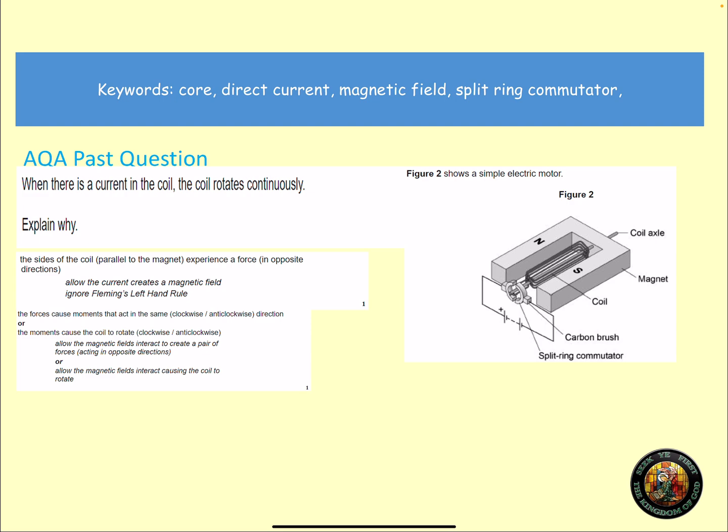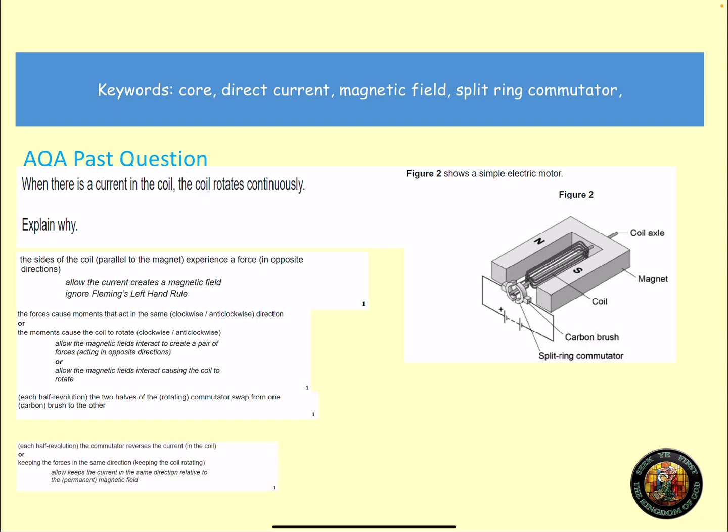The force causes moments that act in the same direction, or you can say the moments cause the coil to rotate. 2nd mark: after each revolution, the two halves of the rotating commutator swap from one brush to the other. 3rd mark: and then the final mark, the commutator reverses the current.